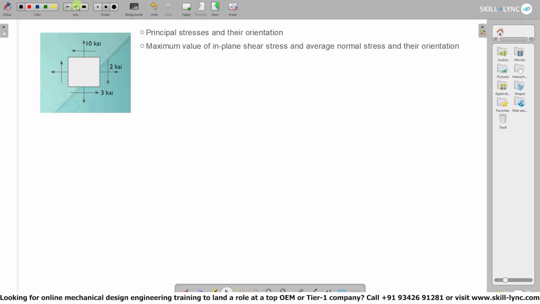First, let us note down the given values. From the diagram, sigma x is given as 2 ksi, sigma y is given as 10 ksi, and tau xy is equal to minus 3 ksi.